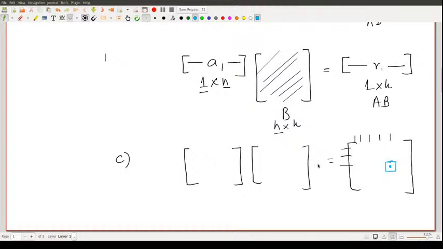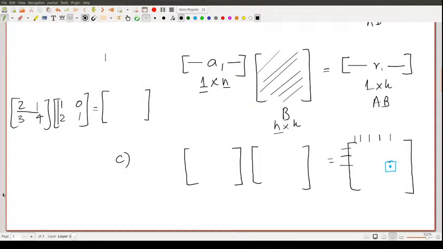And how do we get this particular entry? We get it by thinking about how we used to do matrix multiplication to find individual entries. So let's say I have 2, 1, 3, 4, and 1, 0, 2, 1. If I just want to find individual entries, the way we used to do this was to take the row and multiply it with the column.